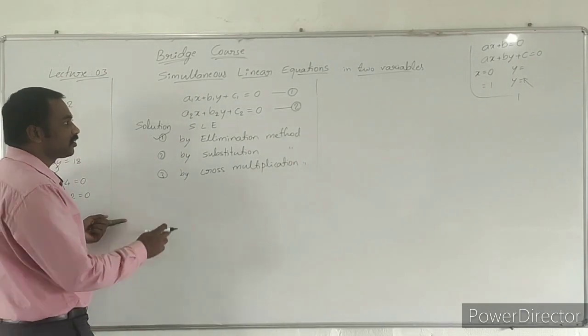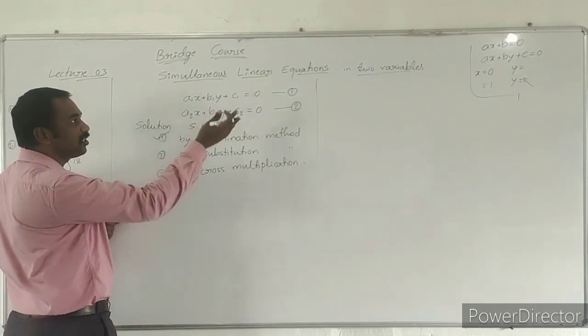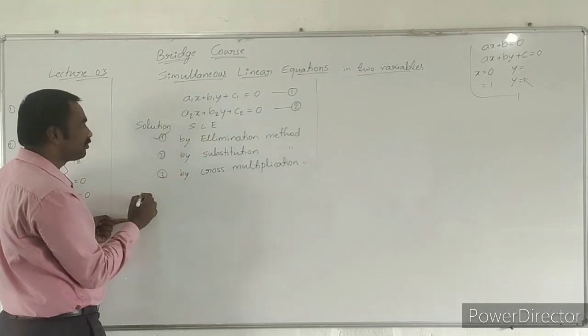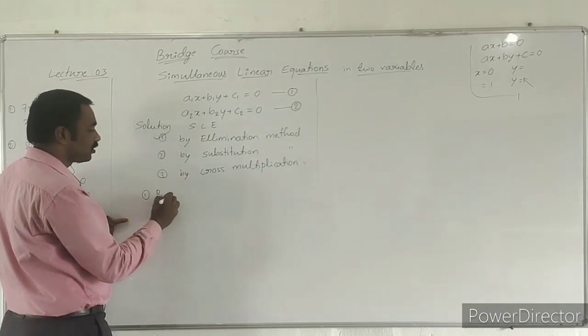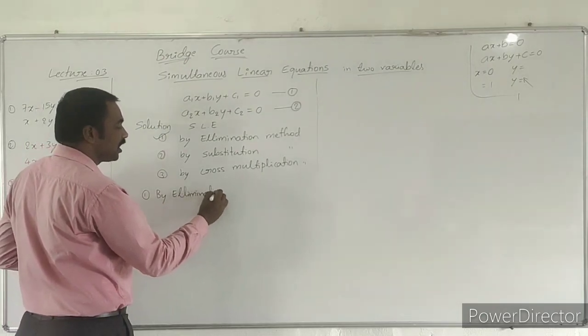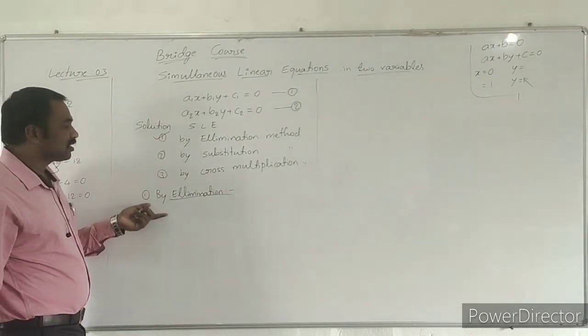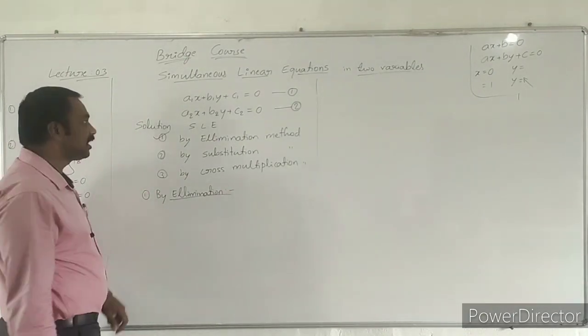Now, let us come to know how to solve the simultaneous linear equations in two variables by the method of elimination. Okay. So here, to discuss this method, I take one particular example.